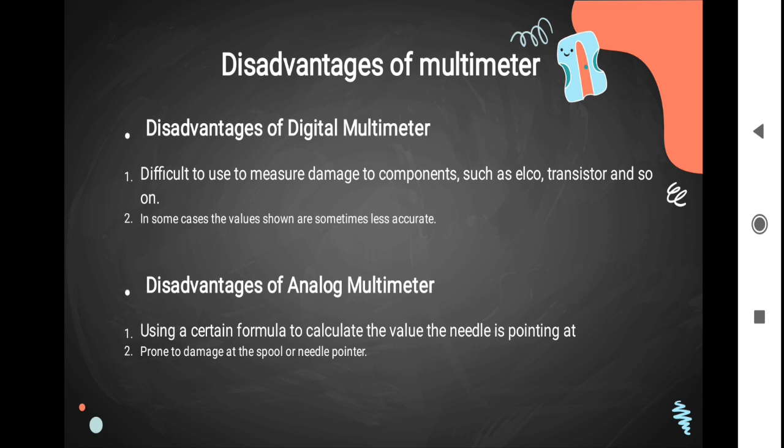Disadvantages of analog multimeter. 1. Need to use a certain formula to calculate the value the needle is pointing at. 2. Must position the eye correctly in front of the needle pointer.